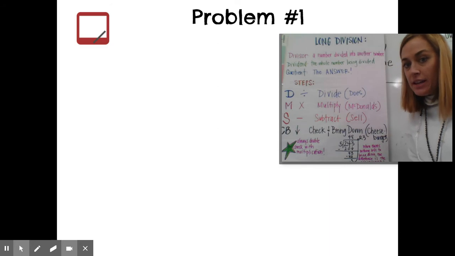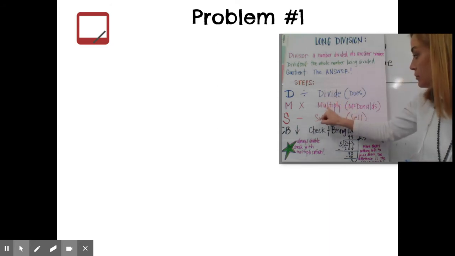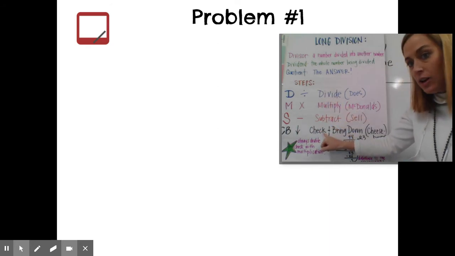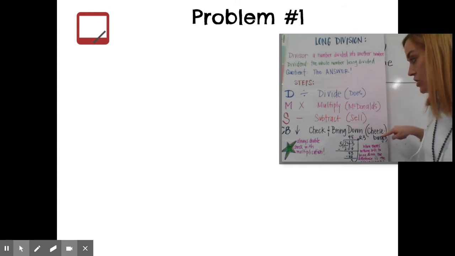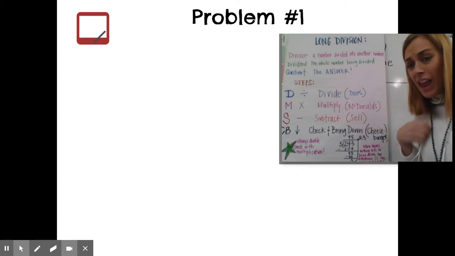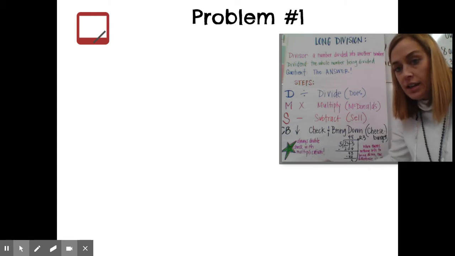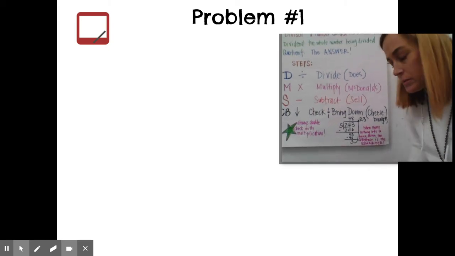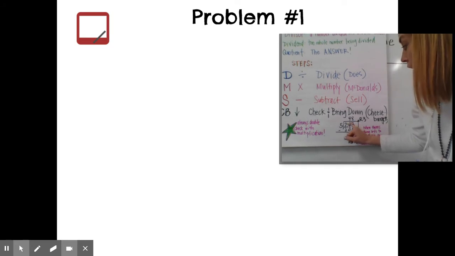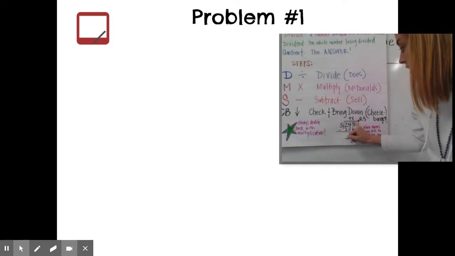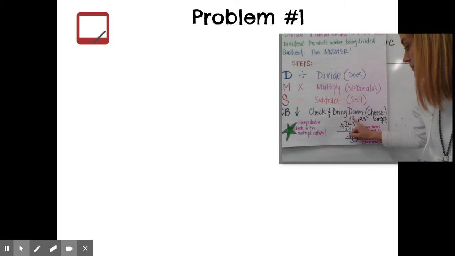Now, remember, these are our steps. Divide, multiply, subtract, check and bring down, or does McDonald's sell cheeseburgers? Okay. We always double check with multiplication. So here we're looking at our problem down here. We've got our divisor, our dividend, and our answer.